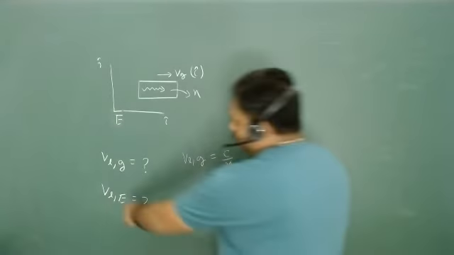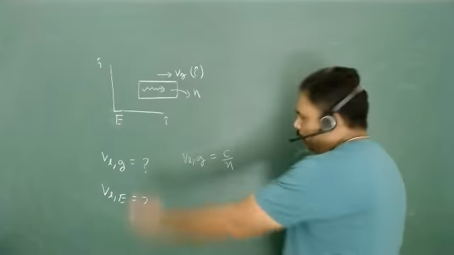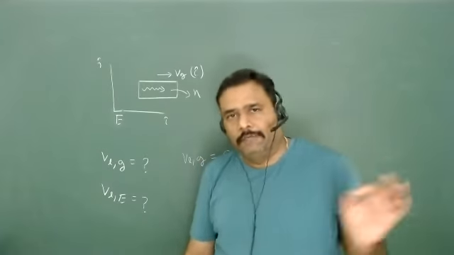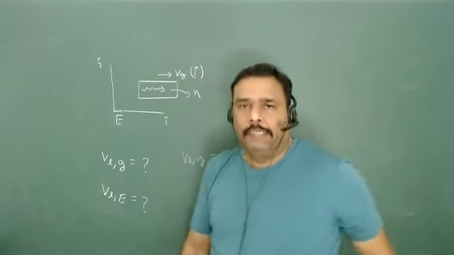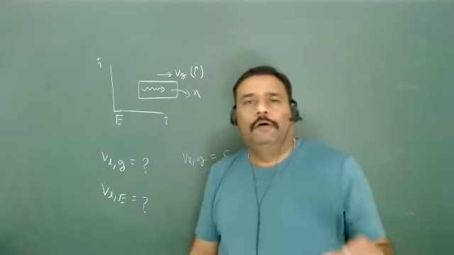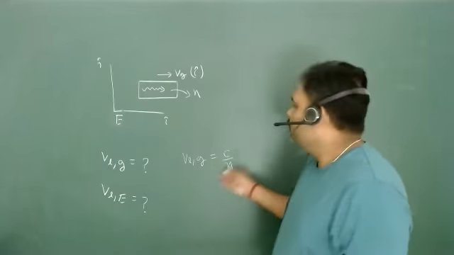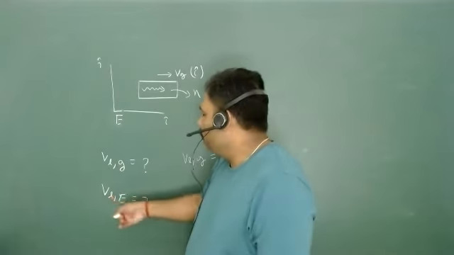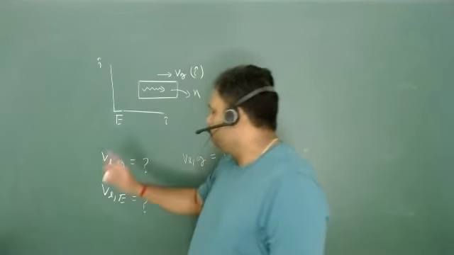This is very trivial. We all know from optics that whenever light is going into any glass plate, the speed of light will be reduced. I am not going into all the detail of that, but we are just using this fact. Now, let's try to calculate what will be the velocity of light with respect to Earth.